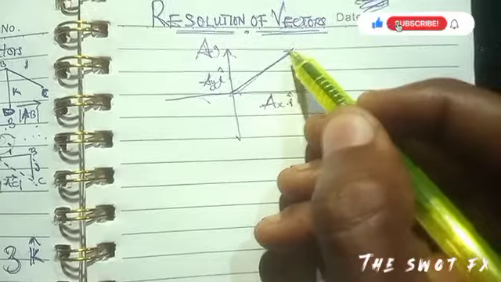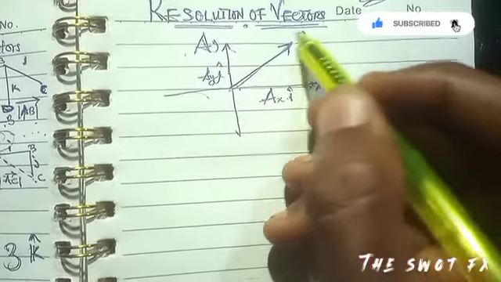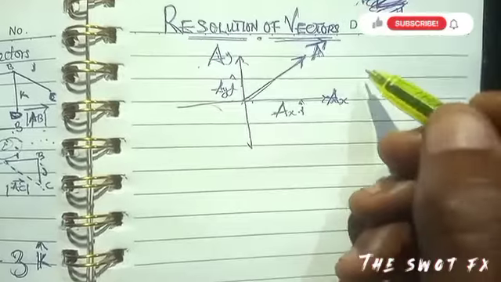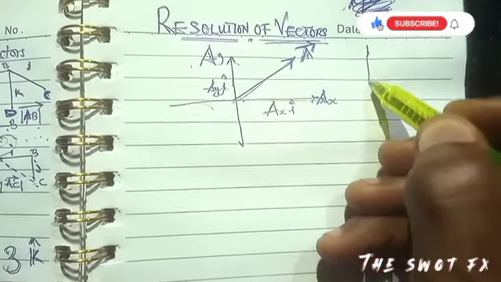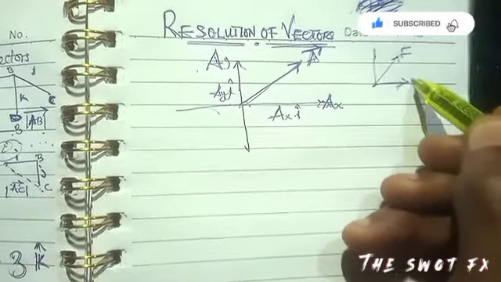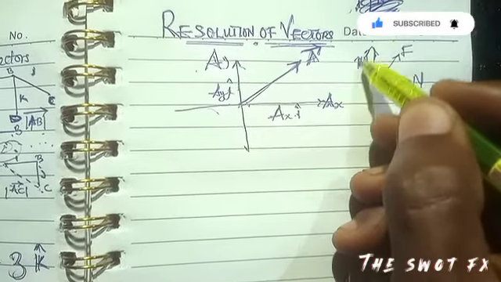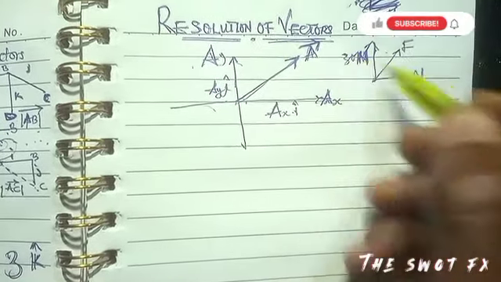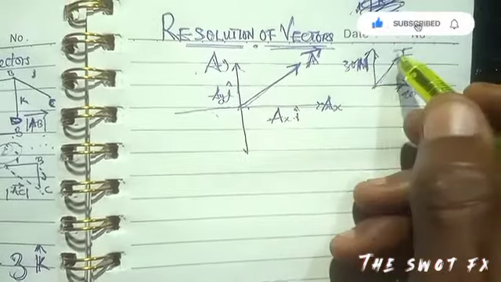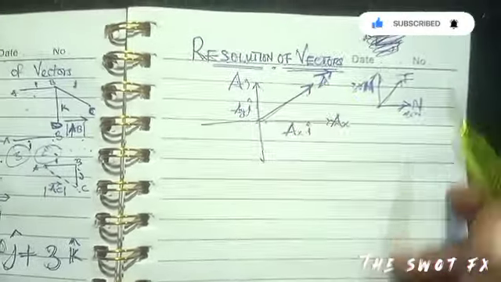The resultant vector for this will be A, in this arrow direction. It's similar to resolution of forces, say 30 Newton, 40 Newton. The direction of the forces is going to be the resultant force. Here we also have our resultant vector, which is the resolution of vector.